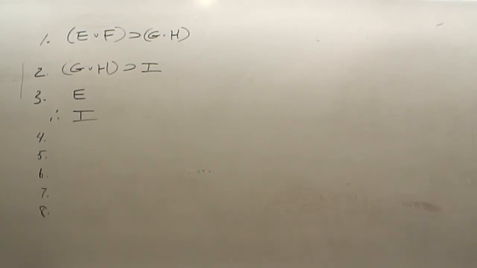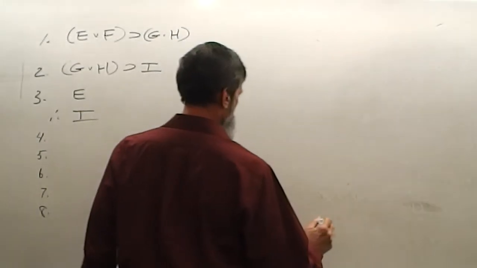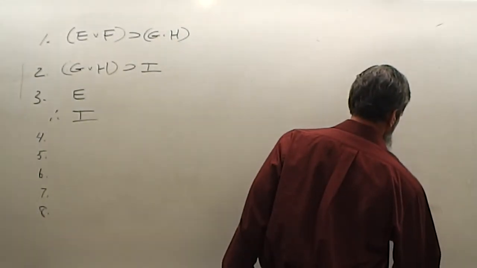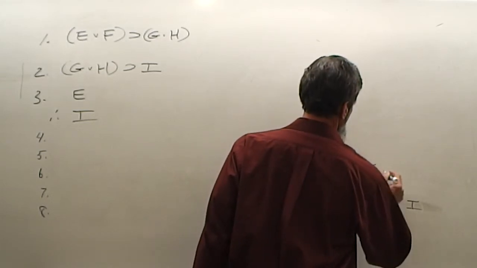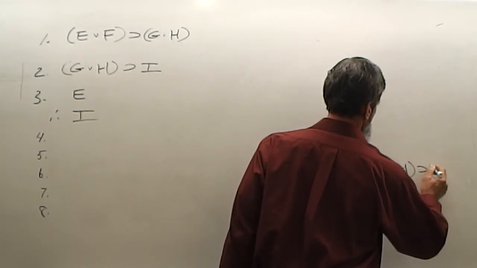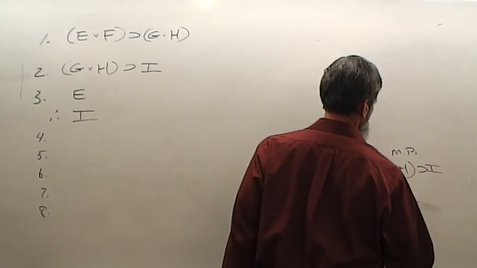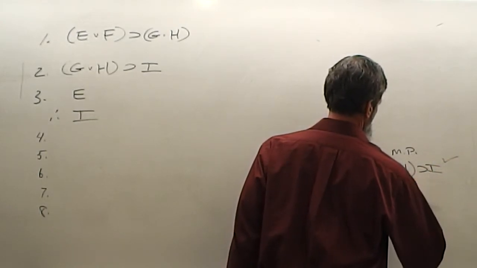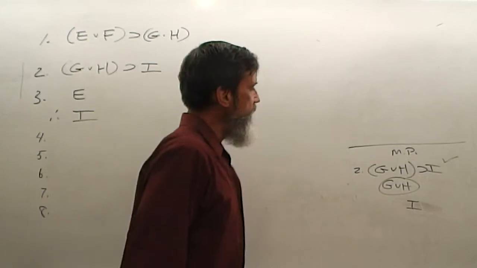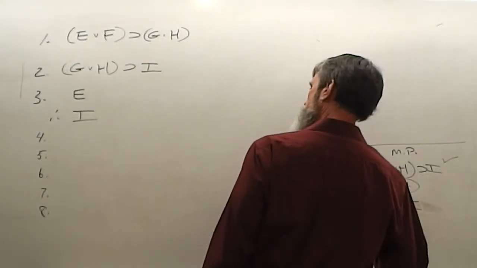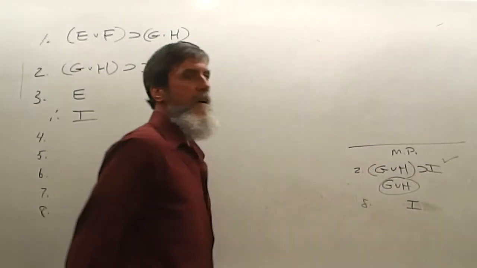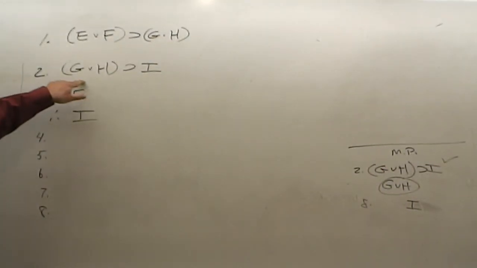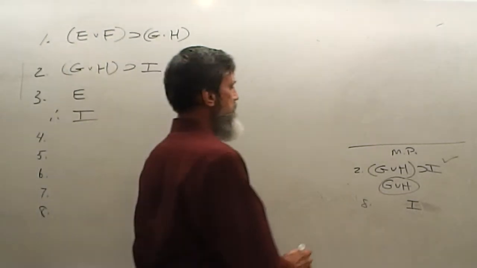Number 8. Are you well into this? Last step. Modus ponens, right? Second premise has to be G wedge H. It's not coming out of here. It's the antecedent of a horseshoe. Going to have to create it.